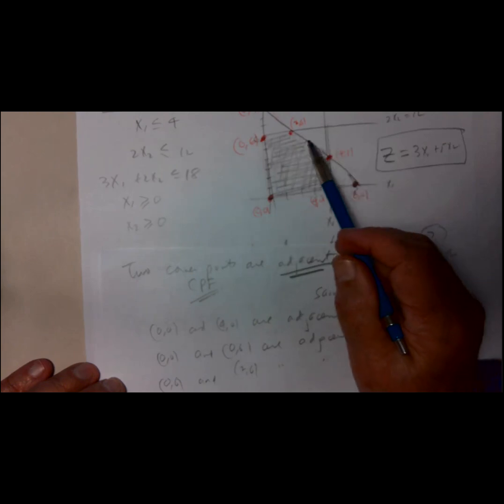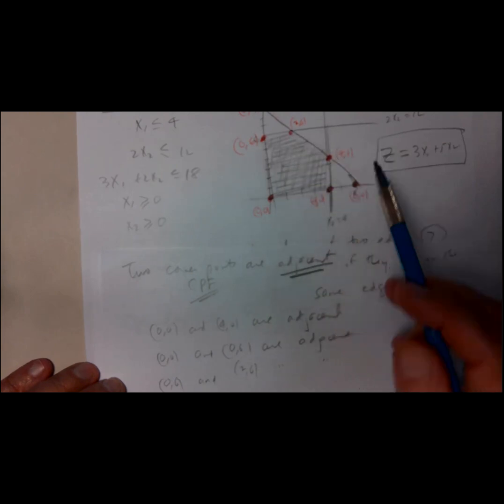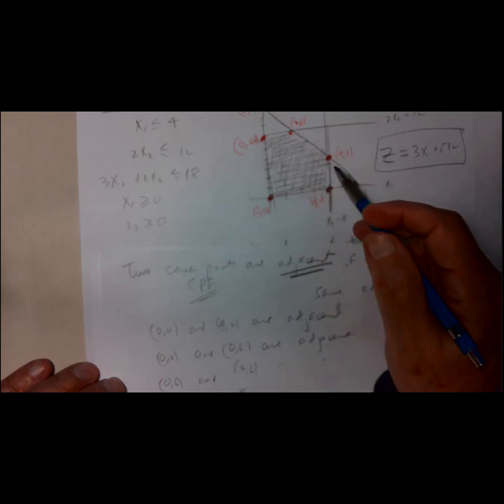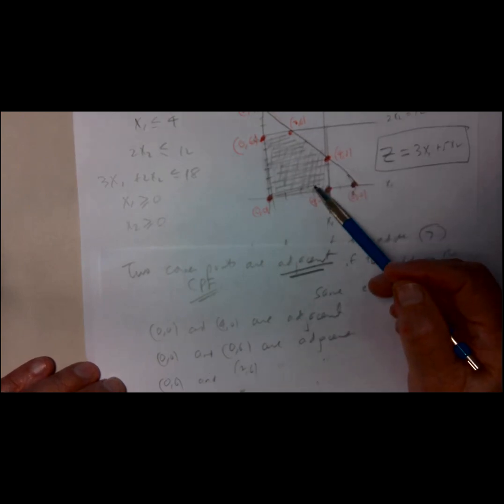They lie on the same line. Similarly, (2, 6) and (4, 3), and (4, 3) and (4, 0). So in this feasible region, there are exactly 5 pairs of adjacent CPFs, corner point feasibles.